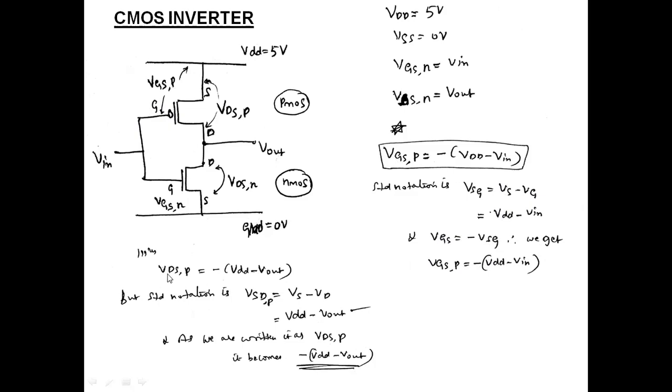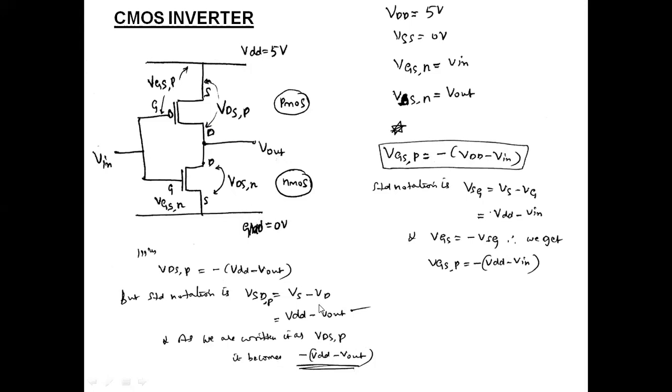Similarly, for the VDS of the PMOS device, the standard notation should be VSD,P. Why? Because again the source of PMOS is at high potential compared to the drain, hence VDS,P should be called VSD,P, where VSD is VS minus VD, and here VS is the source voltage of PMOS, which is going to VDD, and VD is the drain voltage, and that is going to Vout.